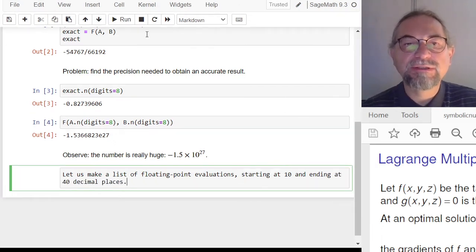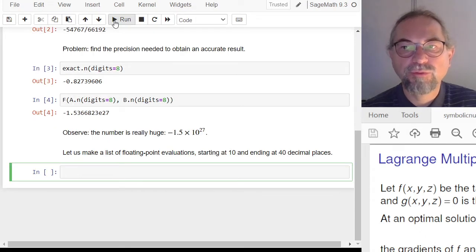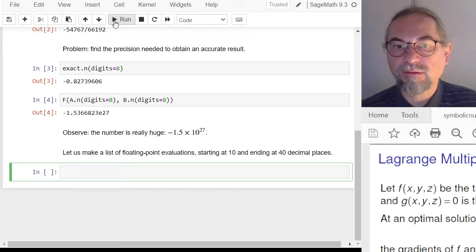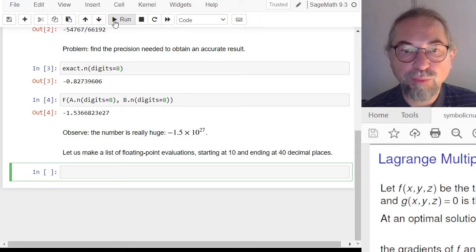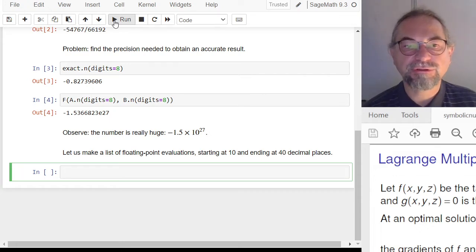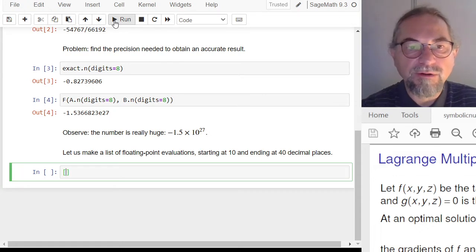This is to simulate what one would do. One would gradually increase the precision and stop whenever the process converges. So we'll evaluate the arguments for a parameter k.